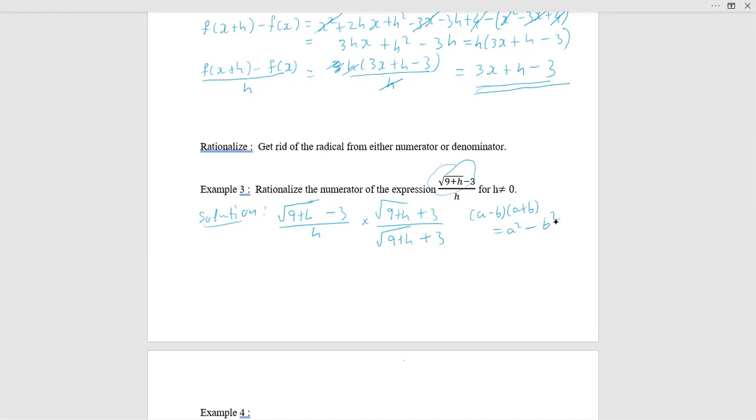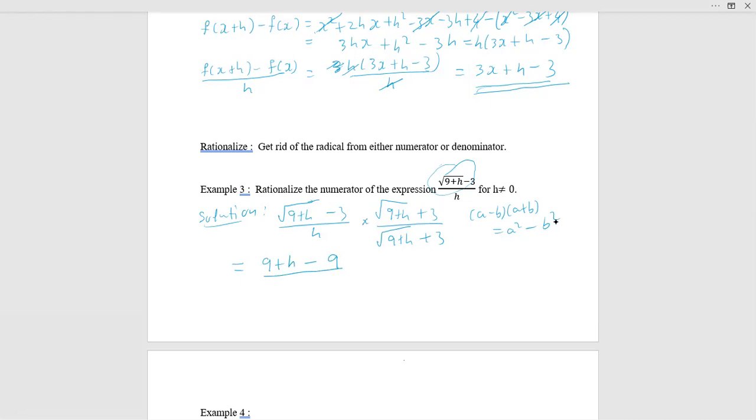We can do the same thing here. First term squared: the square root of 9 plus h, squared, is just 9 plus h without the square root. Minus the second term squared, 3 squared, which is 9.